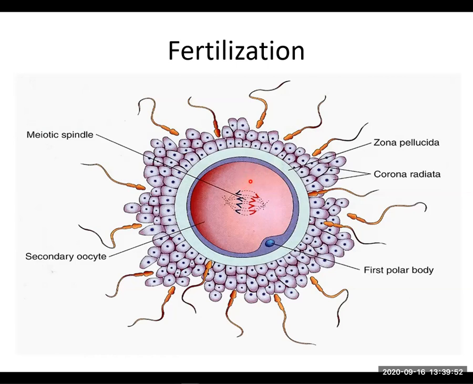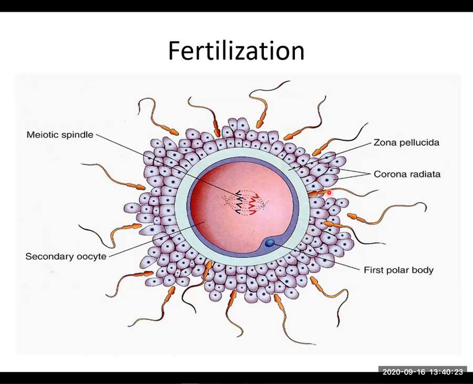Before ovulation, they finish the first meiosis, so we have the secondary oocyte as well as the first polar body. Here the daughter chromatids have not been divided yet, so it's held in metaphase.